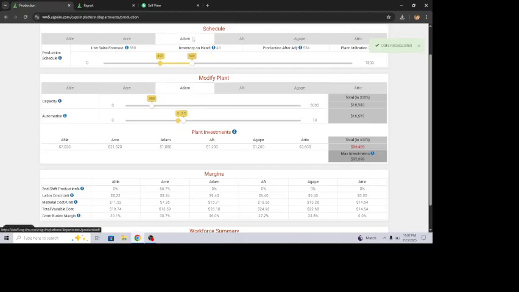And then looking at Adam, for our product Adam, we are not buying any capacity, and we bought an automation of 3.3.